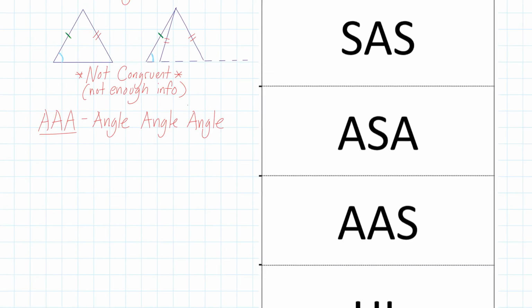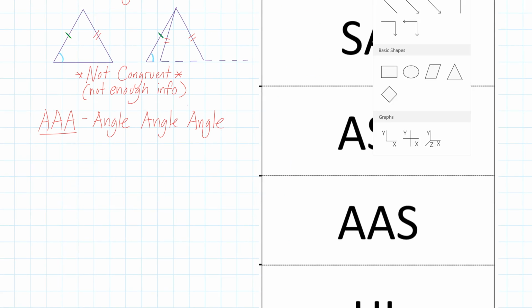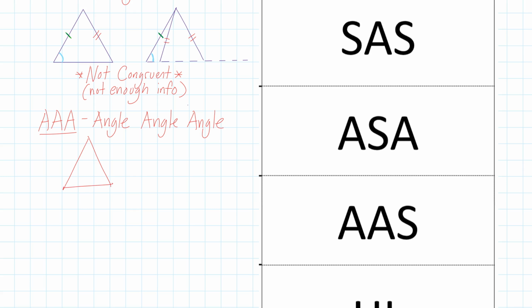Look, I have a big triangle with 60, 60, 60. And then I have a little triangle with 60, 60, 60. Are these 2 triangles congruent? Heck no, one's way smaller, but they're still angle, angle, angle.